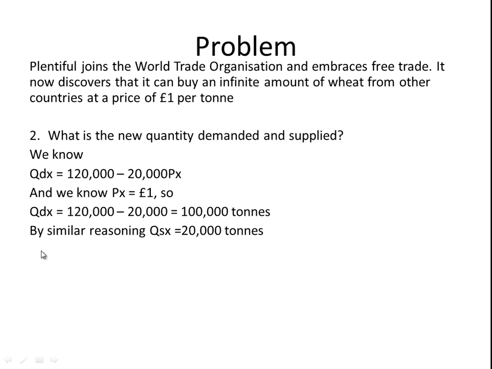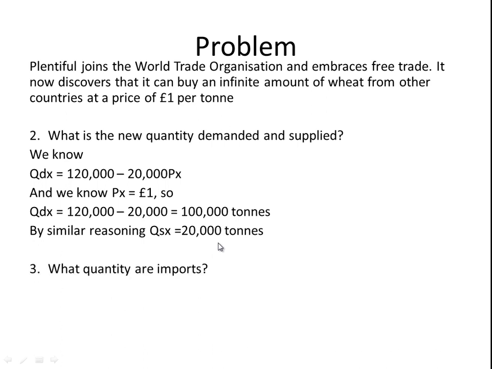And of course, by similar reasoning, the domestic quantity supplied will be 20,000, remembering that we know that QSX was equal to 20,000 PX. Okay, well, if P is 1, then clearly 20,000 times 1 is 20,000. So QSX, that's the domestic supply, is 20,000.